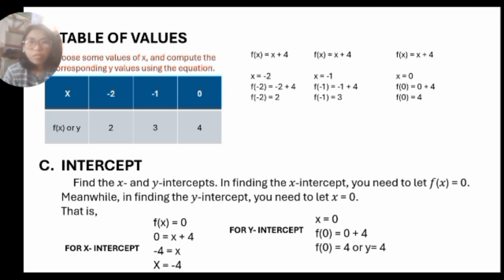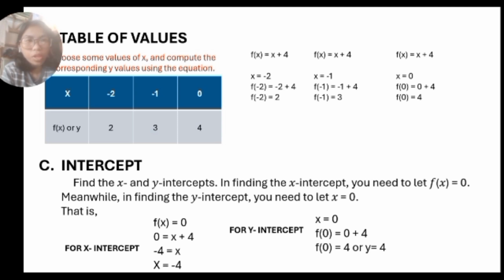So to create the table of values, we need to choose some values of x and compute the corresponding y values using the equation, the function we are going to graph. So atong gi-choose nga values sa x is -2, -1, and 0. So these values, gi-substitute nato sa x.